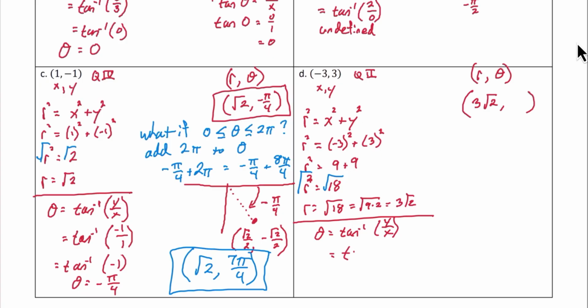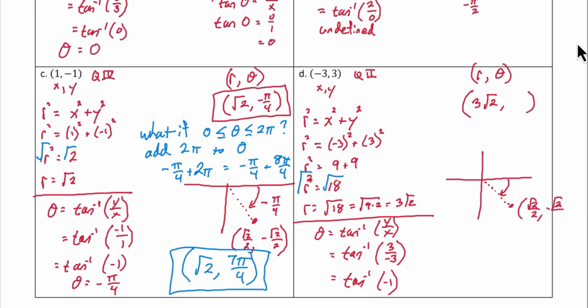That is the inverse tangent of 3 divided by -3, inverse tangent of -1. Again, referring back to the unit circle, like we saw last time, inverse tangent of -1 occurs when we're looking at -π/4. That occurs at square root of 2 over 2, negative square root of 2 over 2.